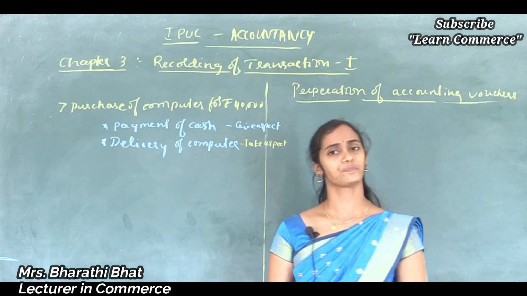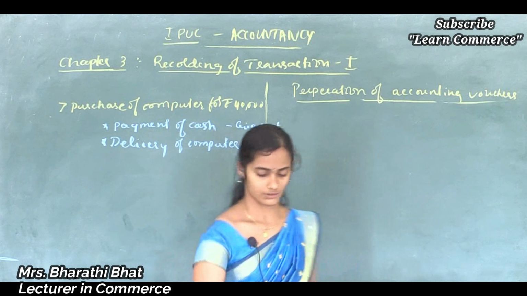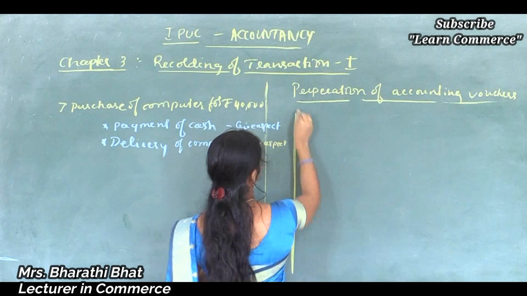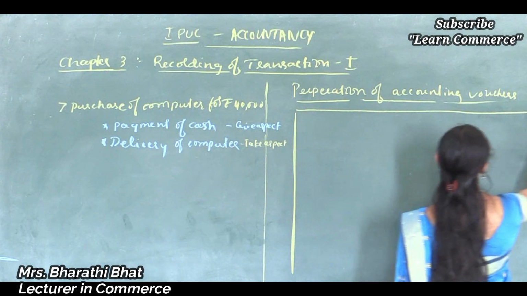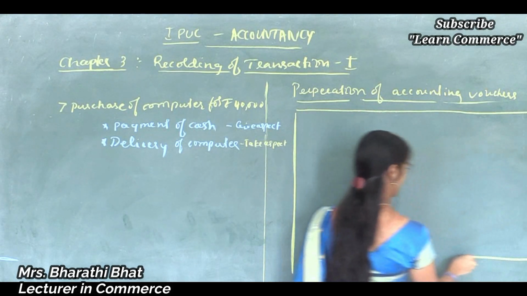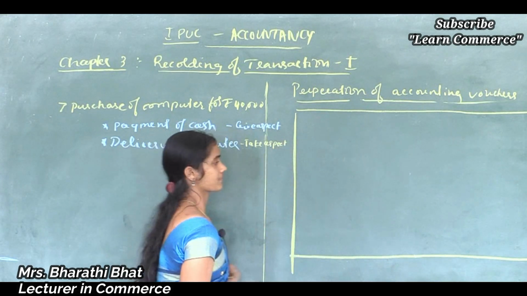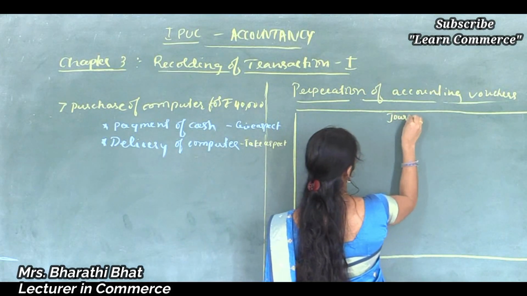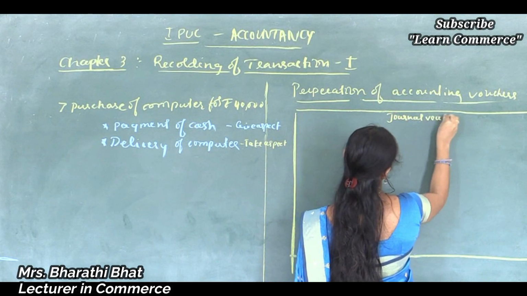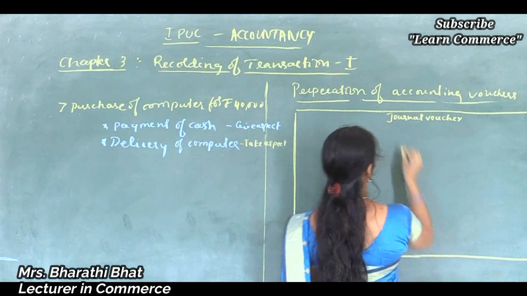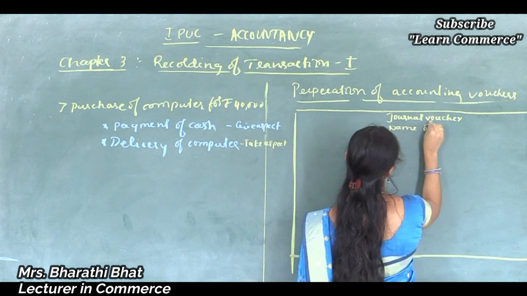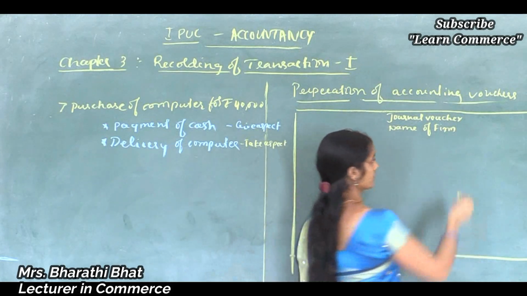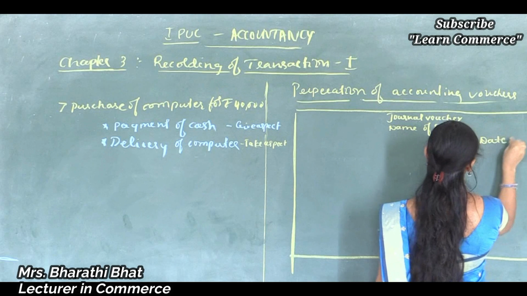Here the thing is, it is a big voucher, see like this. Specimen of journal voucher. Journal voucher, name of firm, and we should mention the date and voucher number.